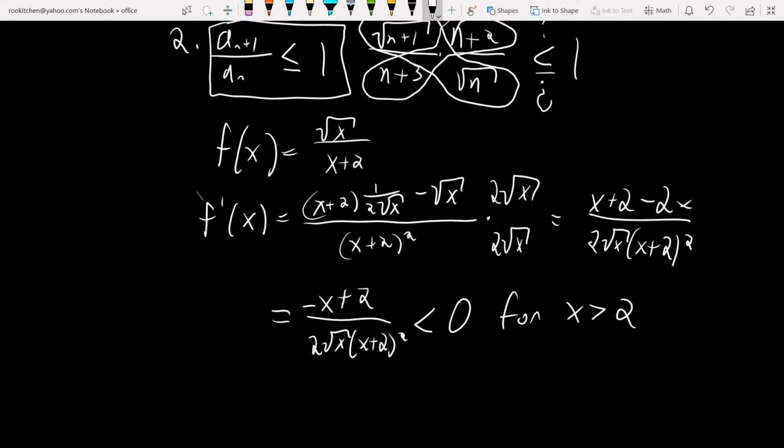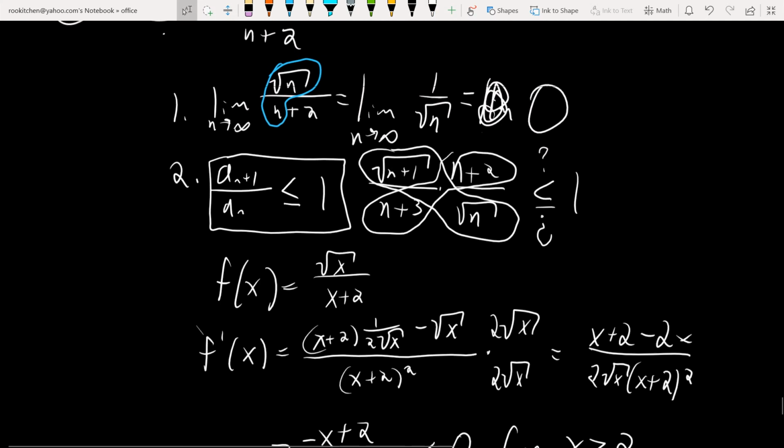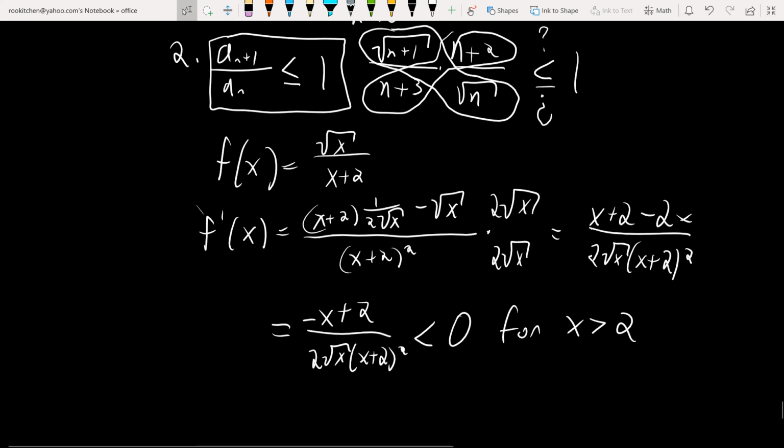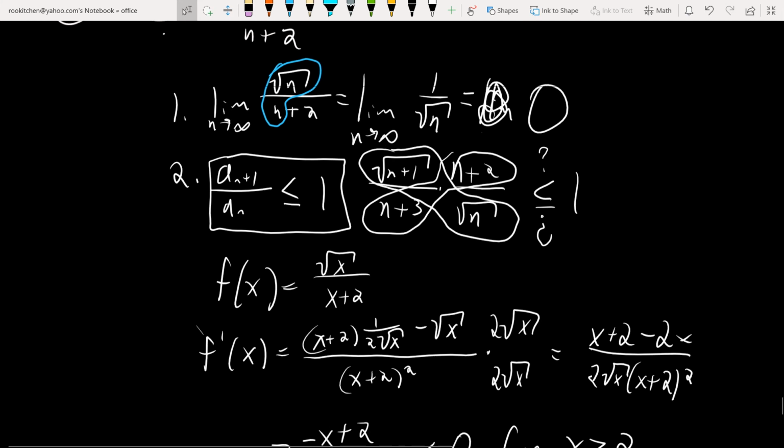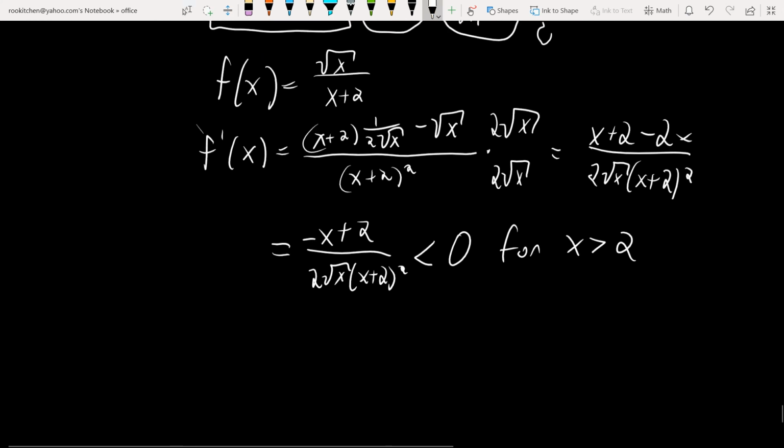But the numerator will be negative, because once you get x bigger than 2, negative x plus 2 will be negative. So that shows that the terms of the series are decreasing, and therefore both of these facts hold, and therefore by the alternating series test the series is convergent.